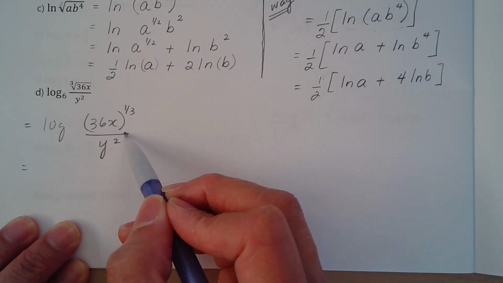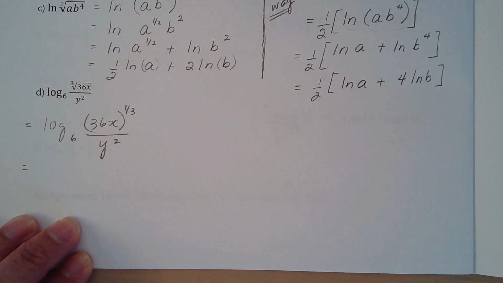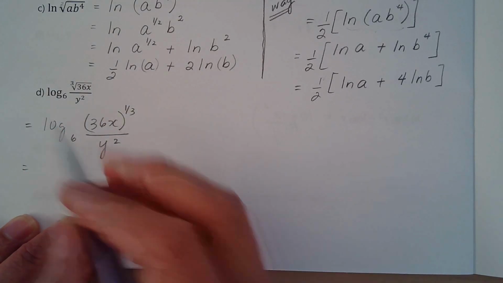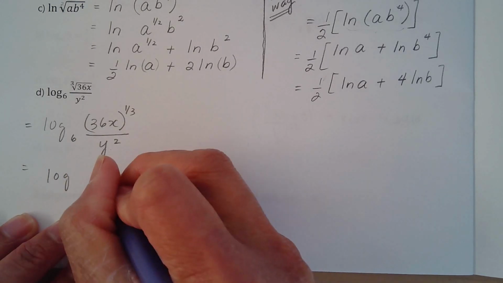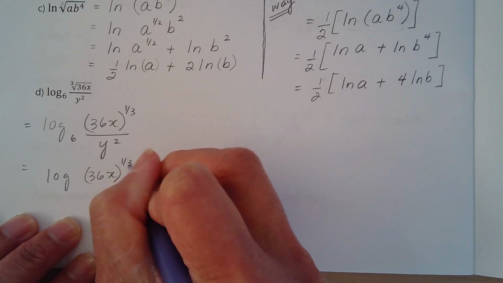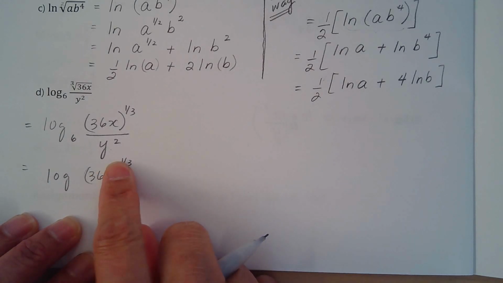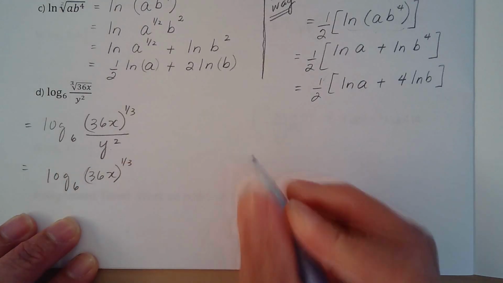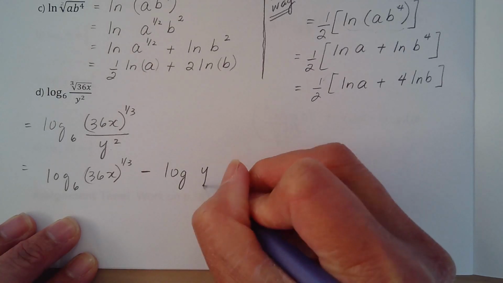So being divided, oh, I forgot the base 6 there. I've got to write base 6. So it's going to be log of 36x to the 1/3. Now, it's important that I put brackets around the 36x because that 1/3 applies to all of them, with base 6 minus log of y squared.